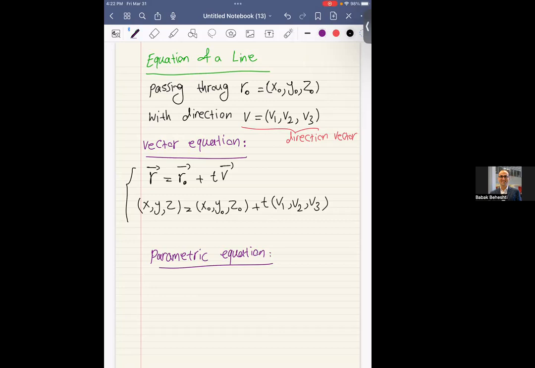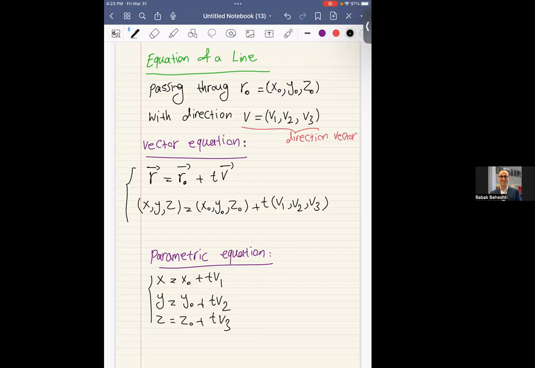If I write down the components of the vector equation in detail, I get x equal to x0 plus t v1, y equal to y0 plus t times v2, and z equal to z0 plus t times v3. So this is called the parametric equation of the same line. We use both of them. Sometimes we use the parametric equation, sometimes the vector equation.